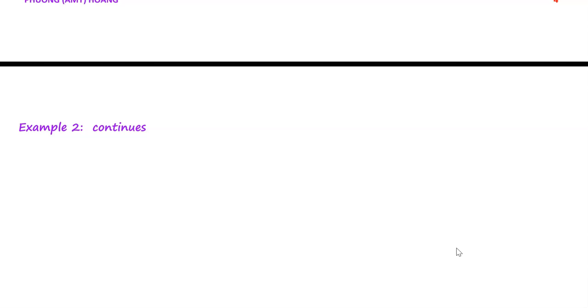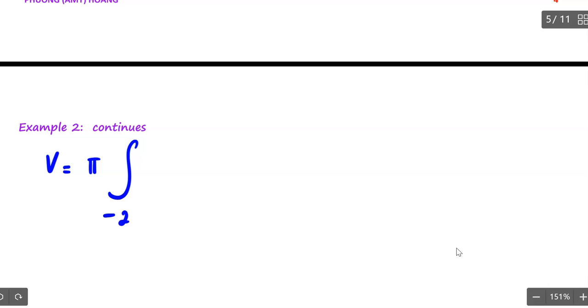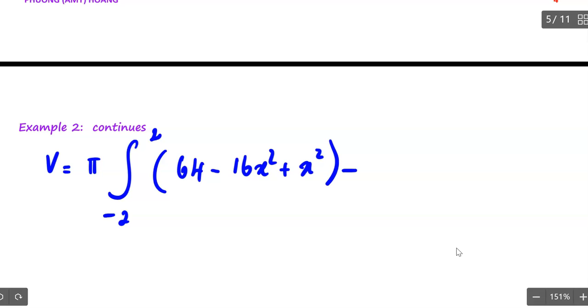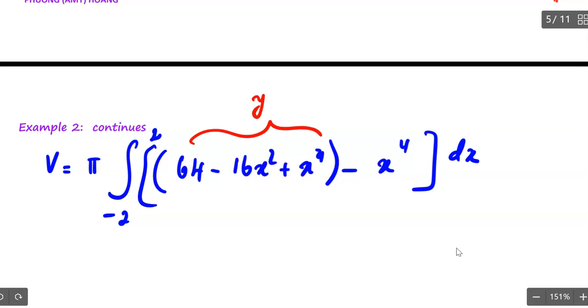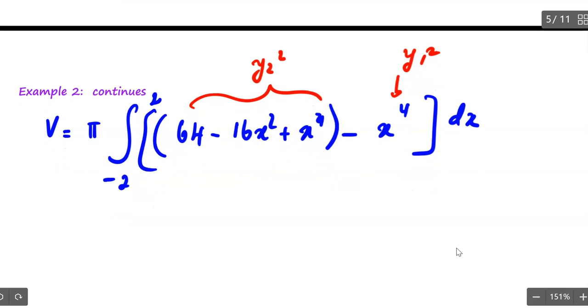Okay, so I will have V equal to pi, the integral of negative 2 to 2, okay, of y2 squared, so 64 subtract 16x squared plus x to the 4 subtract x to the 4. Okay, so all of this is in terms of dx. So this one is my y2 squared, and this one is my y1 squared. Alright.